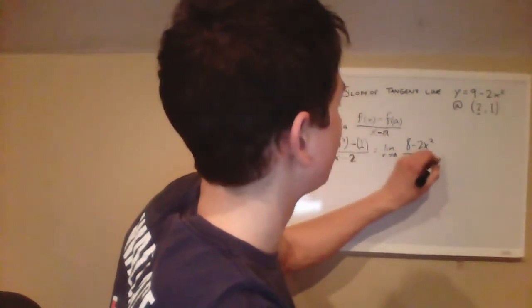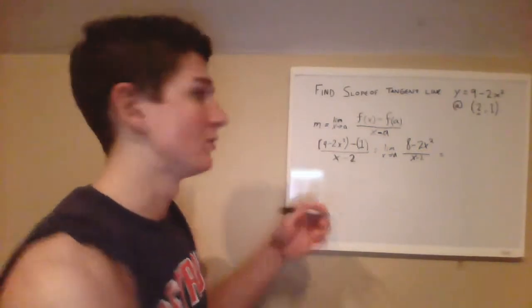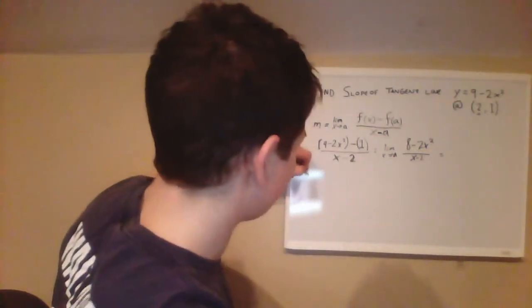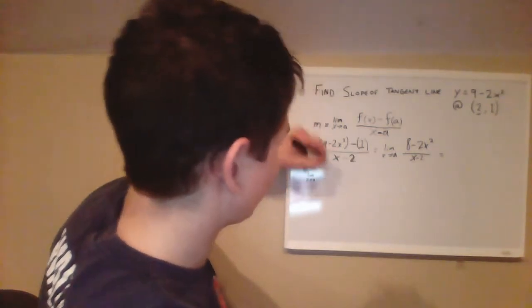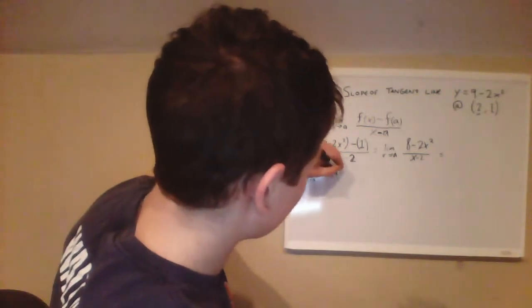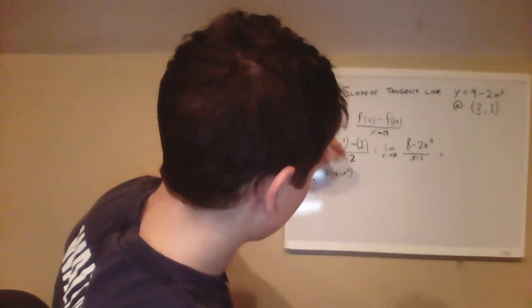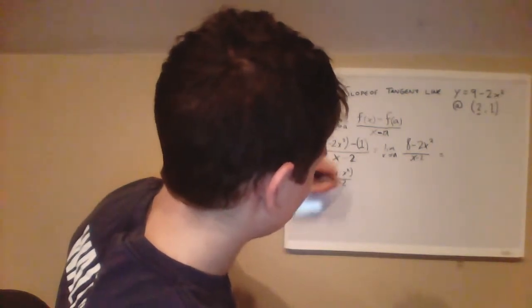We can pull the 2 out of the numerator, so this becomes the limit as x approaches a of 2 times 4 minus x squared, again all over x minus 2.